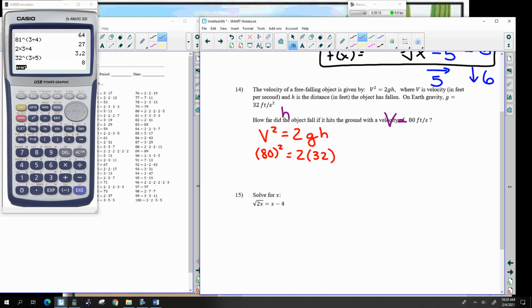And then h is the question that we are here to answer. The left-hand side is 80 squared, so that's 6,400, I believe. 80 squared, yeah, 6,400. 2 times 32 is 64.